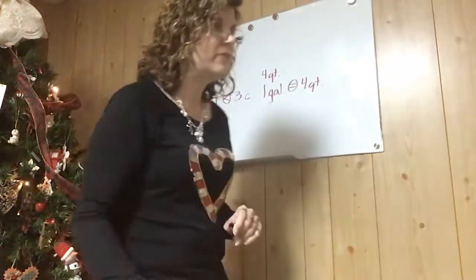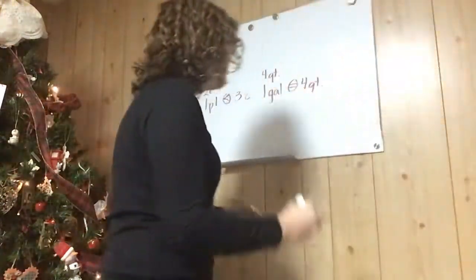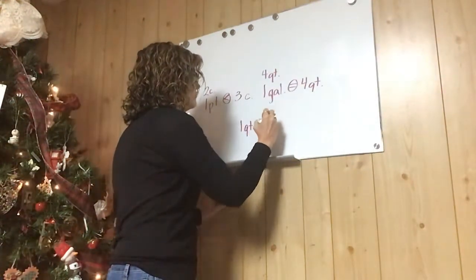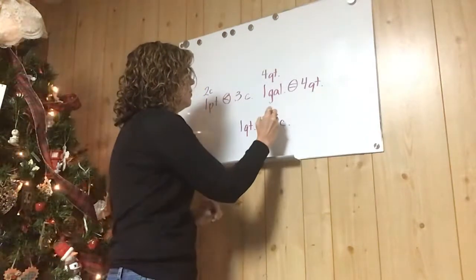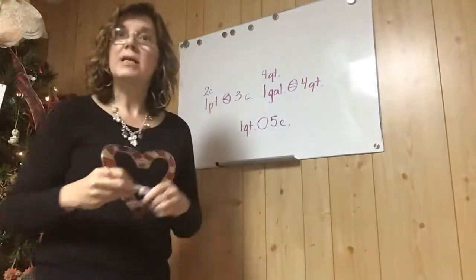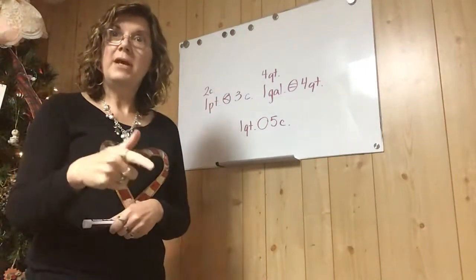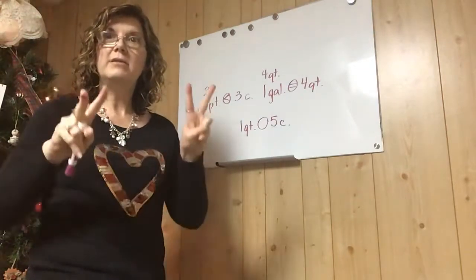All right, I don't have room to write the next one beside it, but it is beside it on yours, and it's 1 quart and 5 cups. This one is tricky. All right, 1 quart and 5 cups, because guess what? There are not cups in a quart, it's cups in a pint. So there's 2 cups in a pint and 2 pints in a quart.